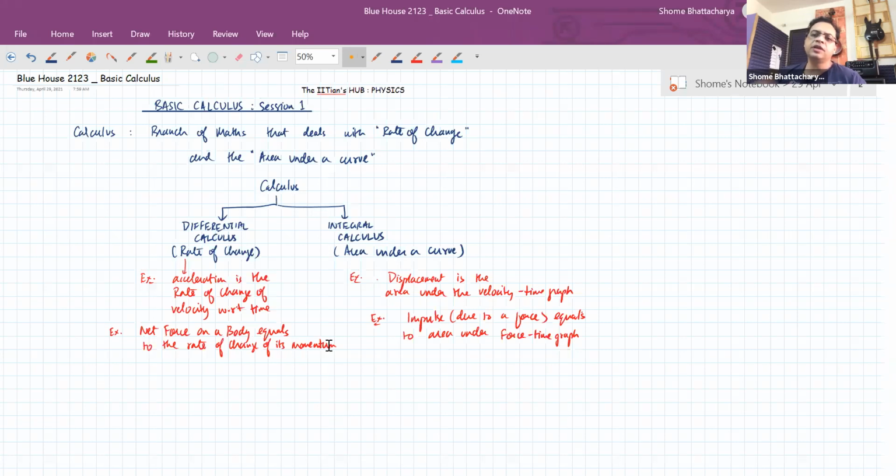And the interesting thing about calculus is that calculus was invented largely by Newton and another scientist called Leibniz. Leibniz was a French guy. So it was invented during their study of physics.